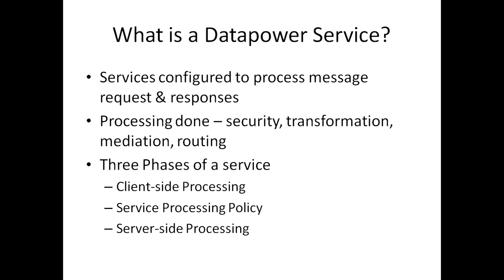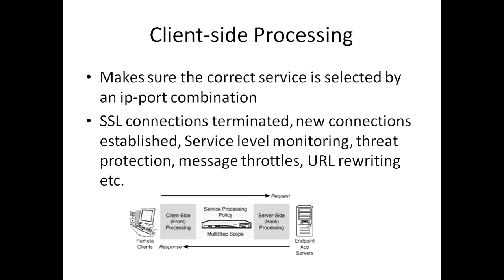There are three phases of processing the service: client side processing, service processing policy, and server side processing. So what is client side processing? If you see the bottom of the diagram here, the remote clients are calling DataPower, and this whole box is DataPower. They call it through a front side handler, which holds the DataPower IP address and port.